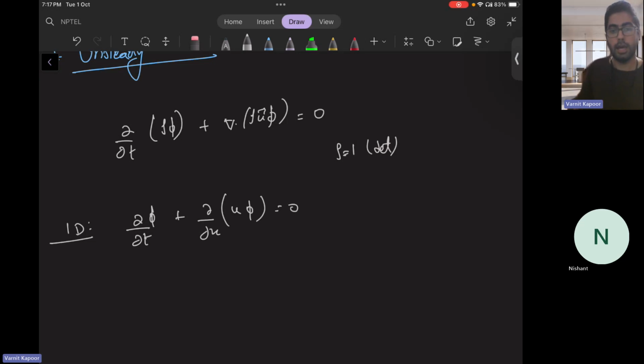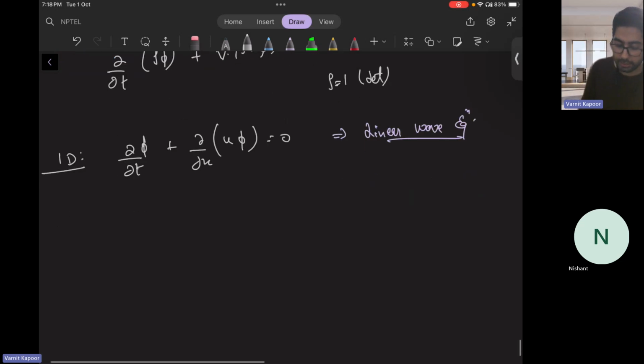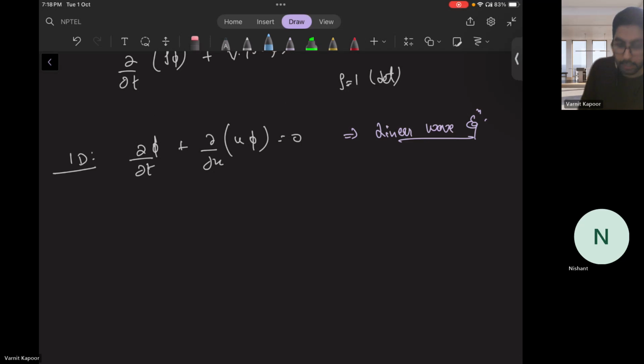This is our equation, and this is called a linear wave equation. So only linear propagation is happening. U is known and it's not a function of φ. Suppose you are given an initial condition and boundary conditions.